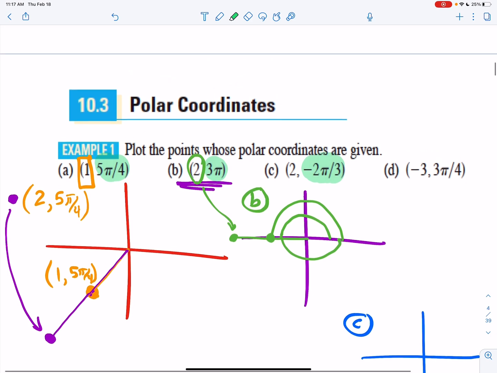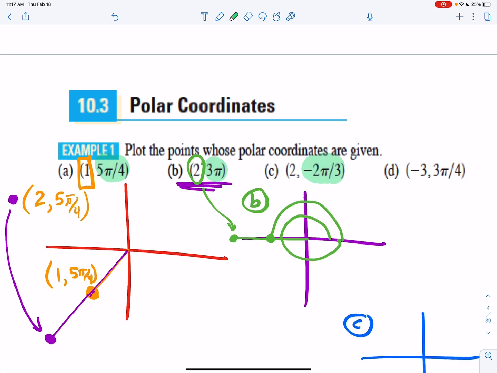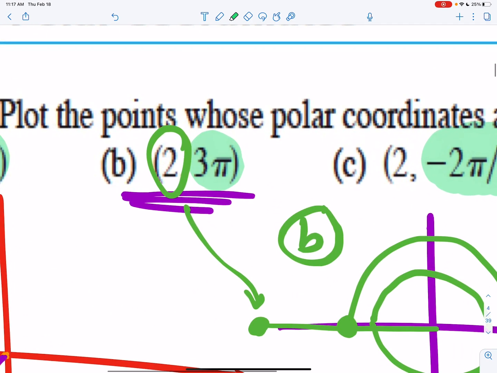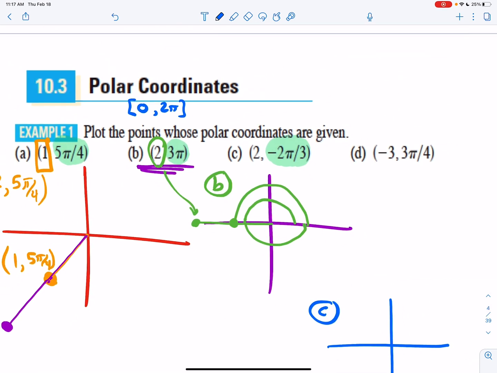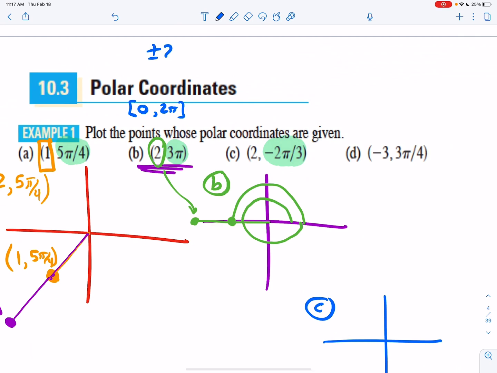So remember that, for instance, like this last one here, 3 pi, right? If anything is not in between 0 and 2 pi, you know that you can reduce it in a sense, okay? So you could always add or subtract some version of 2 pi to kind of reduce it.